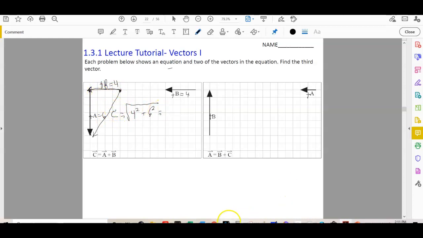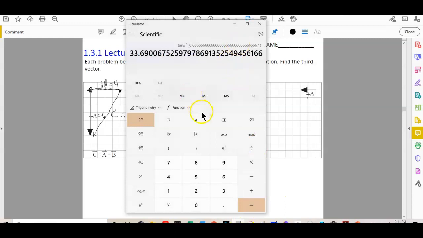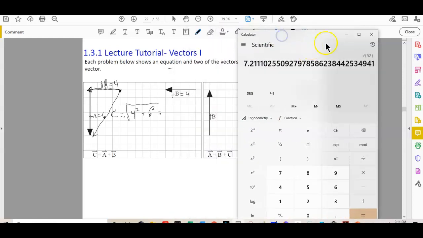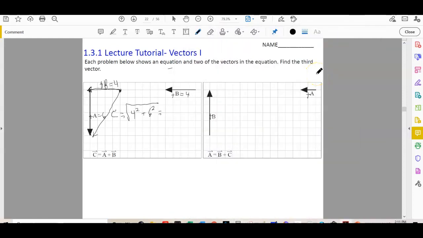So in this case, that's going to be 16 plus 36, and then we're going to take the square root of that, 7.21. So this is going to be pointing down and to the right, 7.21 units.